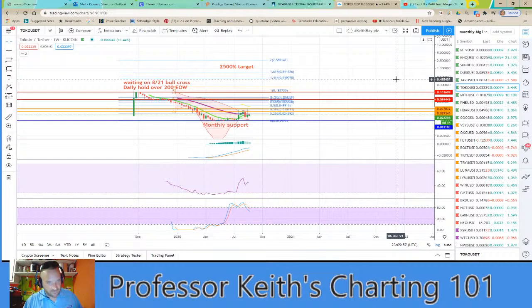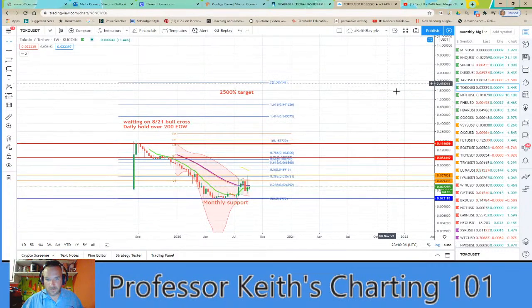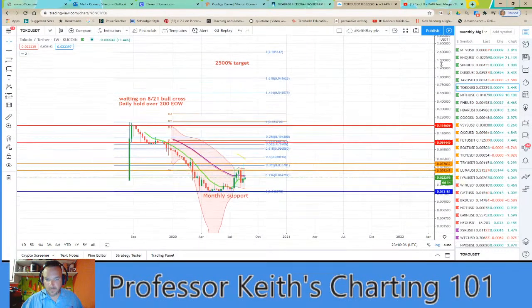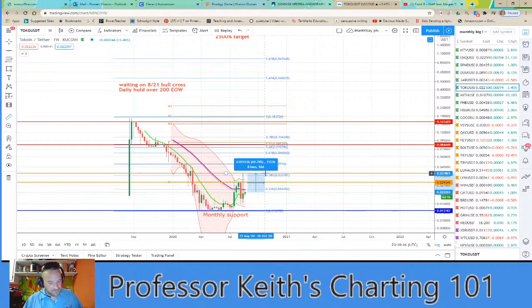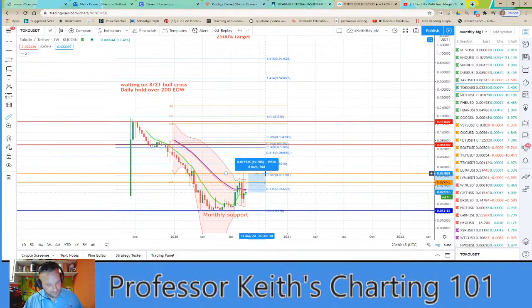We're using a TradingView chart. It has 30% first move. I'm going to resistance lines here. 70% to the 382 basically.